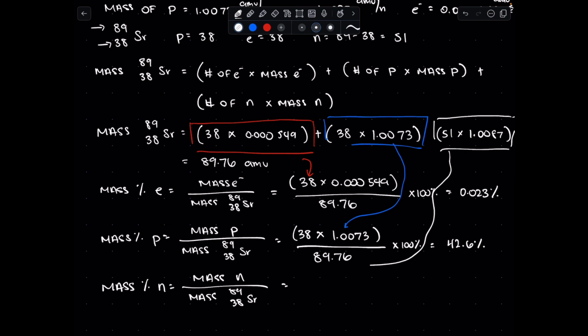It's going to snake right on through to the bottom. So 51 times 1.0087, all of that divided by 89.76 times 100%. And that is going to give us 57.3%.